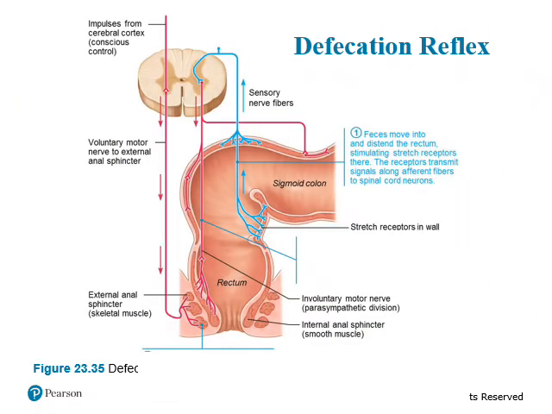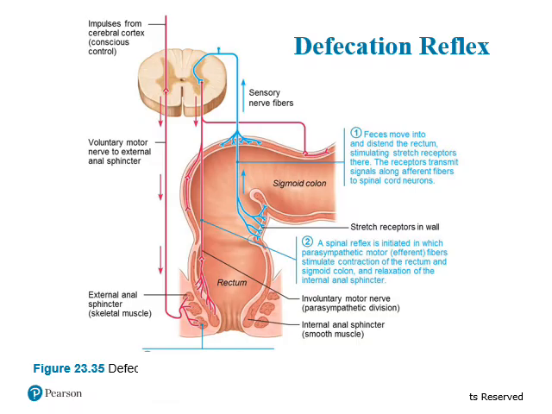So here's another view of the defecation reflex. Your feces is moved and extended into the rectum, stimulating the stretch receptors there, and the receptors transmit signals along the afferent fibers to the spinal cord neuron.